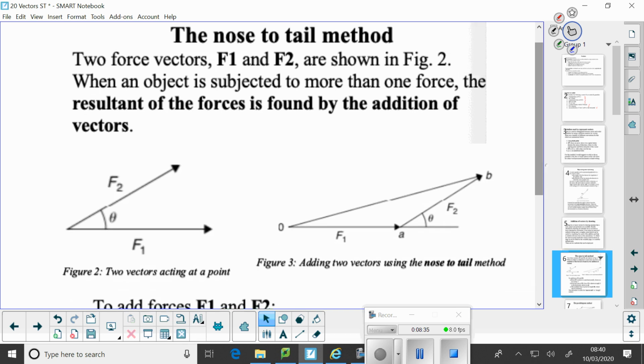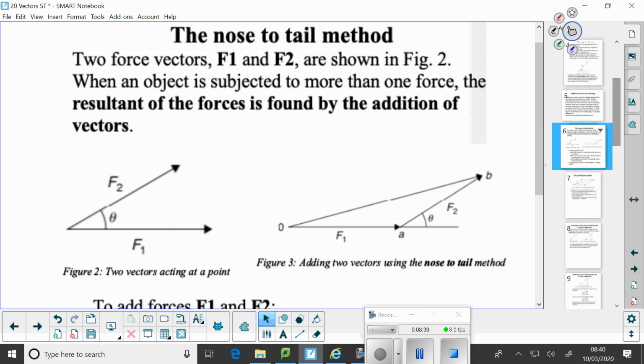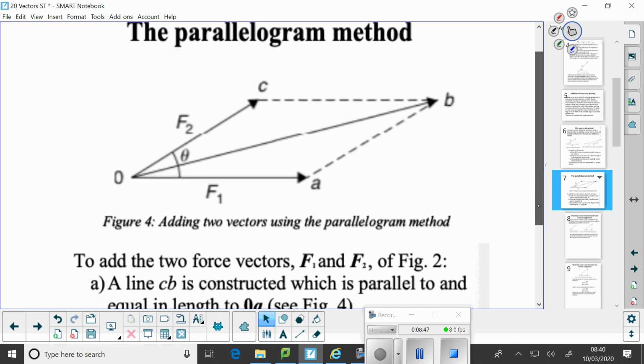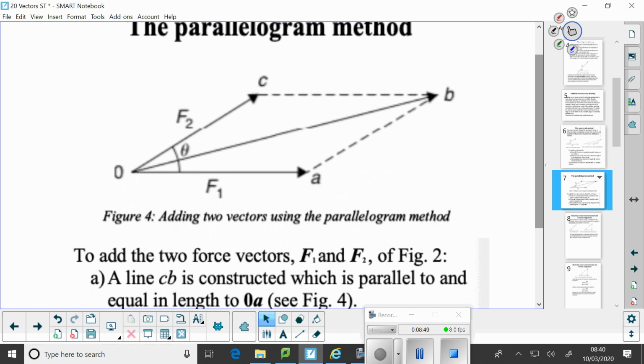The second method is the one you've already seen me do, which is the parallelogram method. In that way, we draw the two vectors as dashed lines.